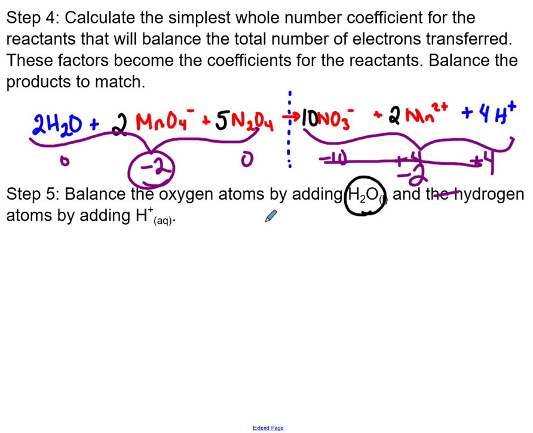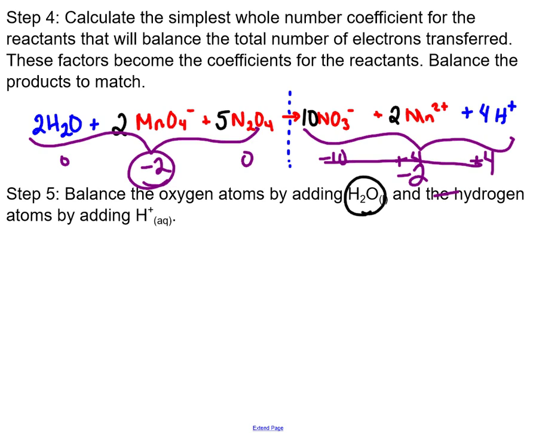Okay. So our reaction is balanced using the law of conservation of mass. That's why we balanced all of the non-hydrogen, non-oxygen elements, then the oxygens, and then the hydrogens. But then we just want to go back and double check that the law of conservation of charge still works for our reaction.